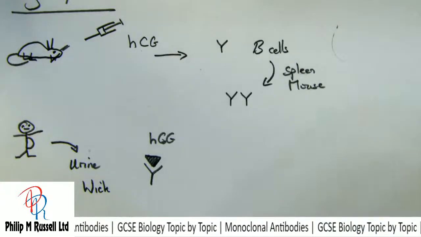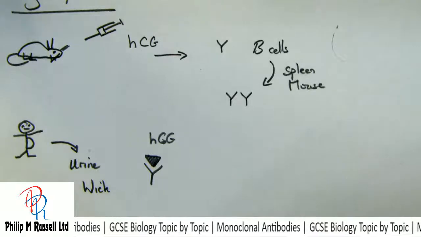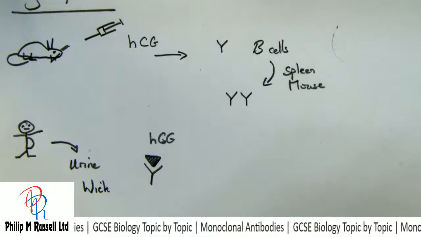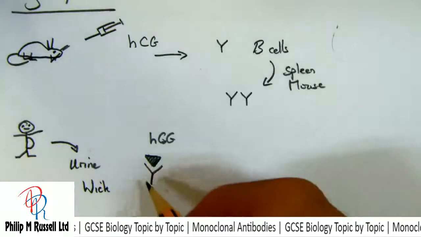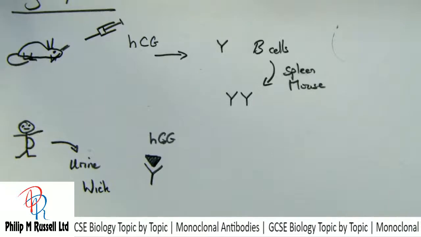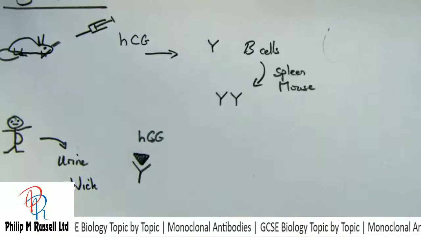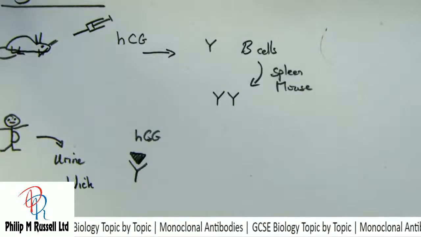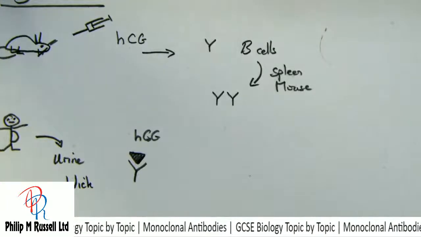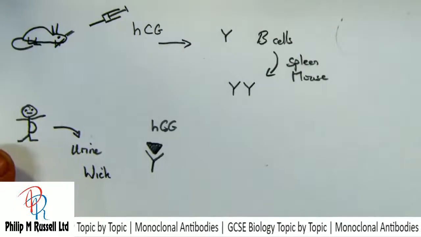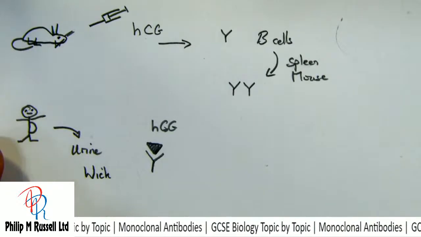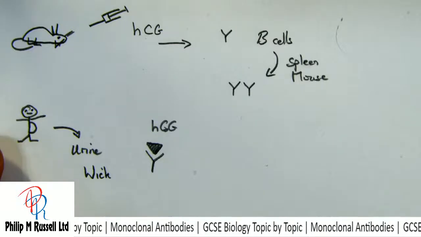Now, if the woman's pregnant, it binds to these, and these things then could combine and join to something with hopefully some sort of coloured bead next to it. And let's see if we can sort of get the idea of what's going to go on here.